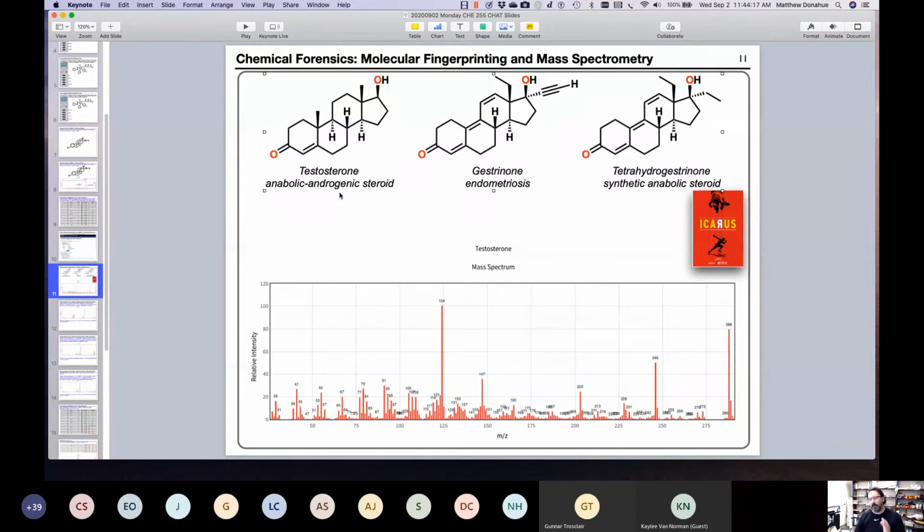When athletes dope, they're injecting or ingesting synthetic performance-enhancing drugs, and mass spectrometry is the instrument used to find that. Any questions before we get to some problems here?